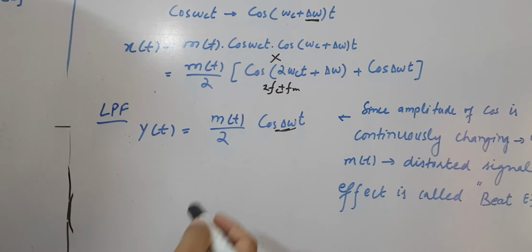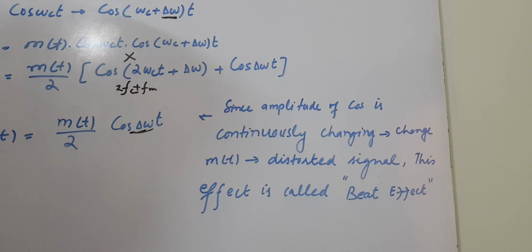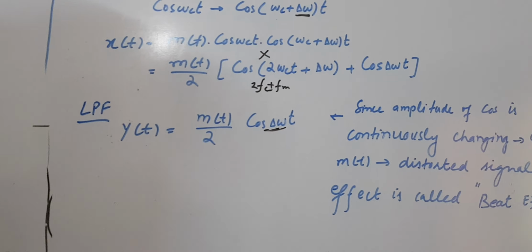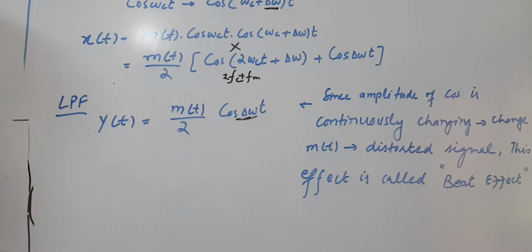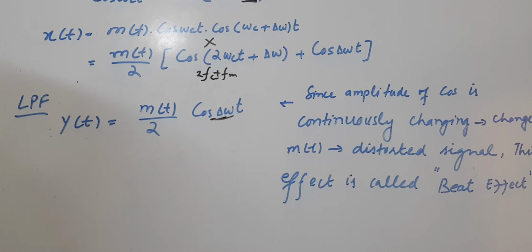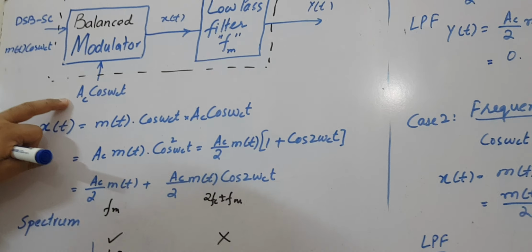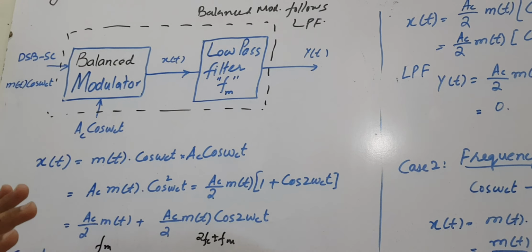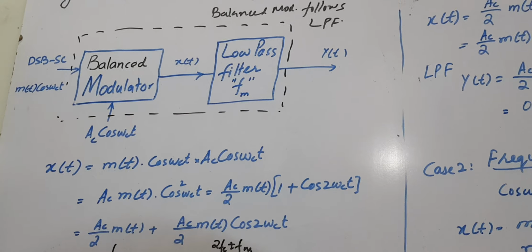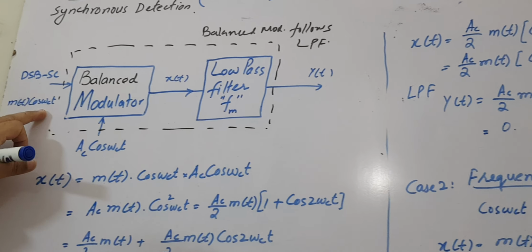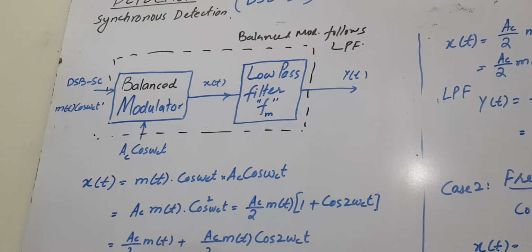This effect is known as the beat effect; you are not recovering the signal. So what is the condition to perfectly recover the signal? Your locally generated signal should be very well synchronized with the frequency and phase of the oscillator used at the transmission side.